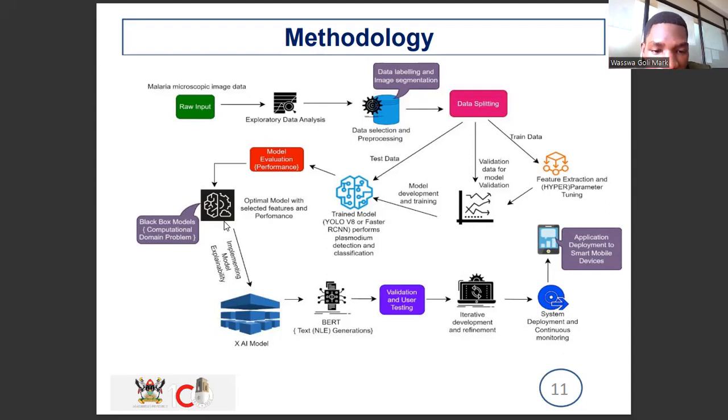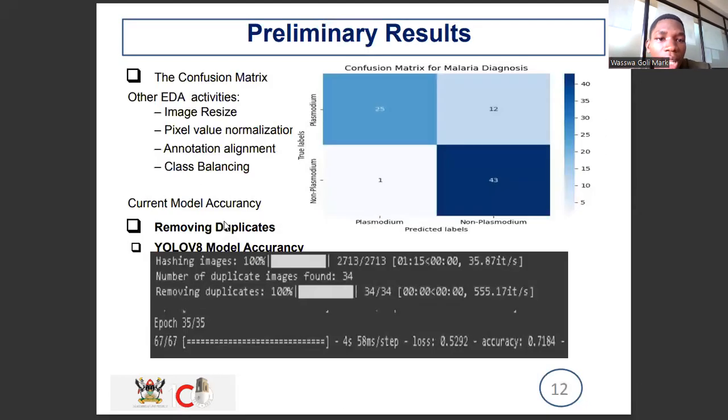We'll also generate explanations for these models, and we hope to use Hugging Face with BART as well. Then we validate and perform user testing, iterative deployment, and refinement, and also integrate this whole system and framework into a mobile application.